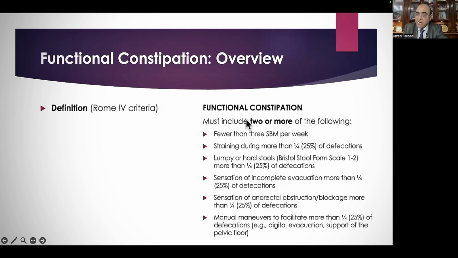So if someone has 2 or more of these 6 features, then we say the patient has functional constipation.